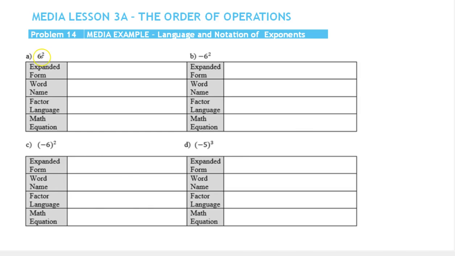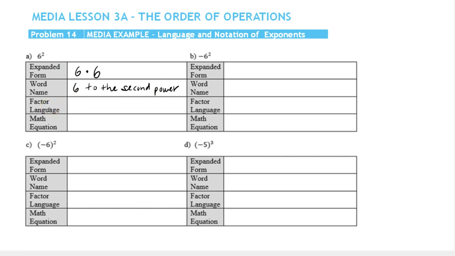So here we have 6 to the 2nd power. By expanded form we mean writing this as 2 factors of 6, or 6 times itself. Our word name, we could say 6 squared, or we could say 6 to the 2nd power.